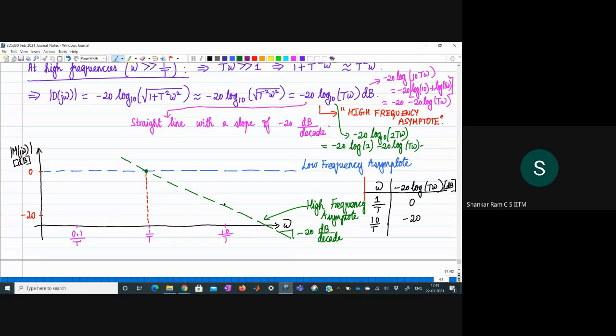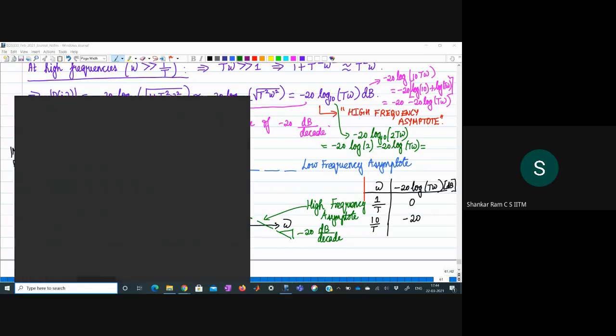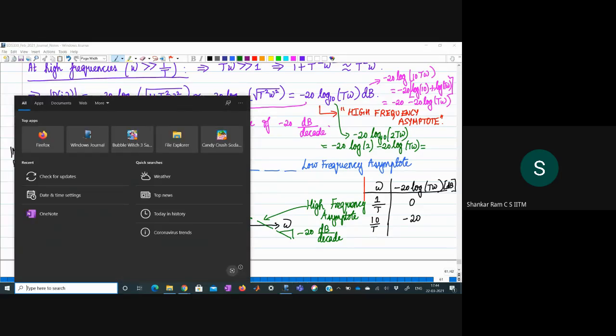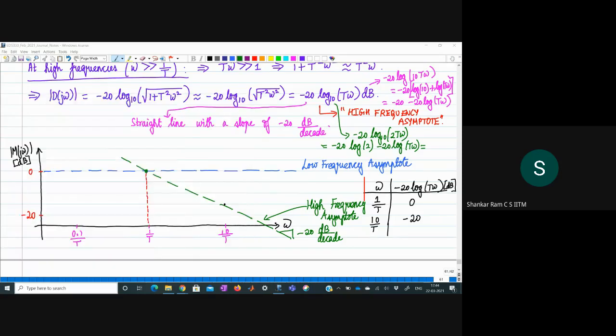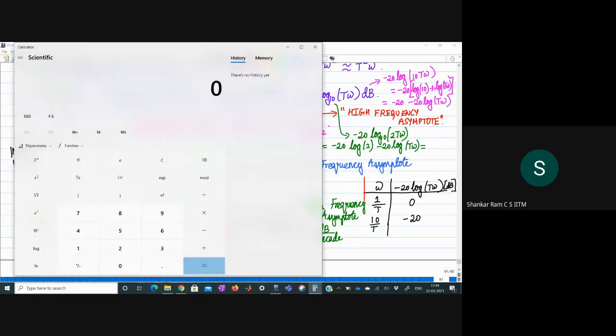Can you calculate what is 20 log 2? Please take the logarithm of 2 multiplied by minus 20 and tell me. 6.02.